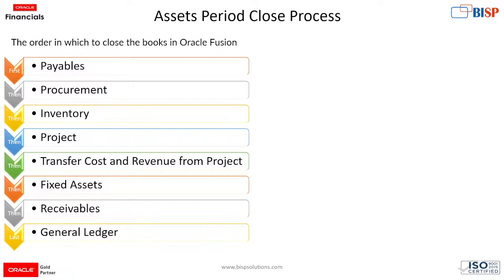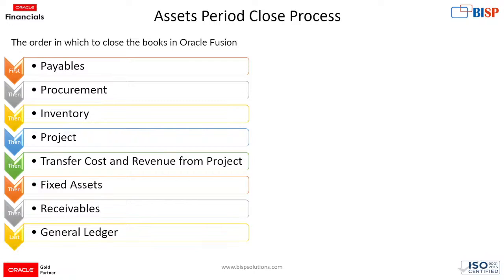Close payables before closing projects. This is to ensure invoices and expense reports are completed and transferred to projects. Now close procurement before closing inventory. This is to allow miscellaneous transaction corrections in inventory.